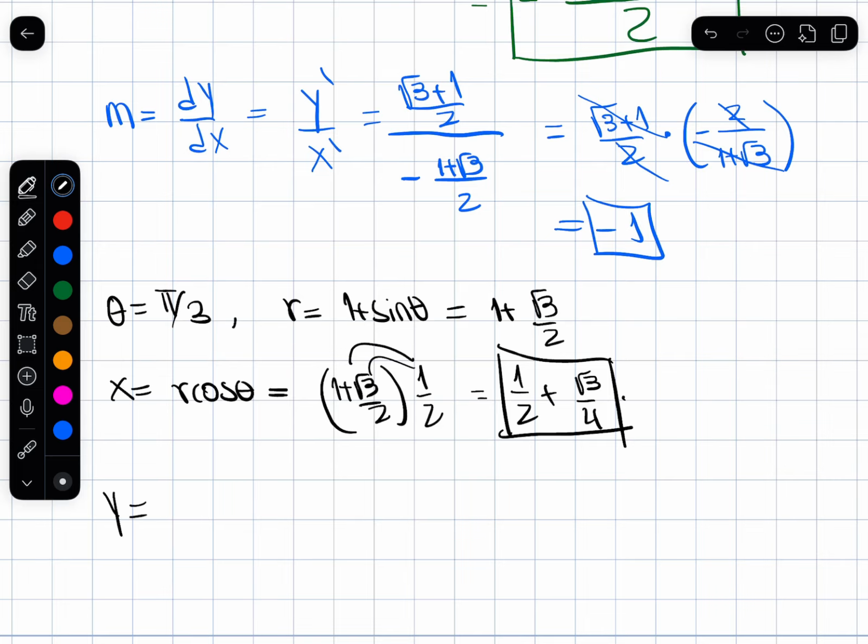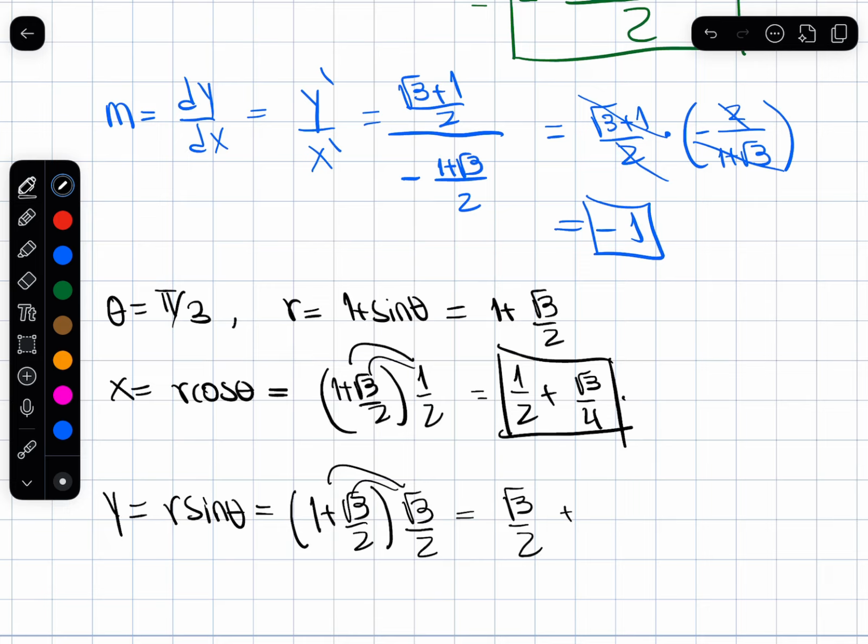And then y being r sine theta. So r was 1 plus root 3 over 2 times the sine of theta, which is root 3 over 2. So multiplying like this gives me root 3 over 2 plus 3 over 4. So that is the y value.